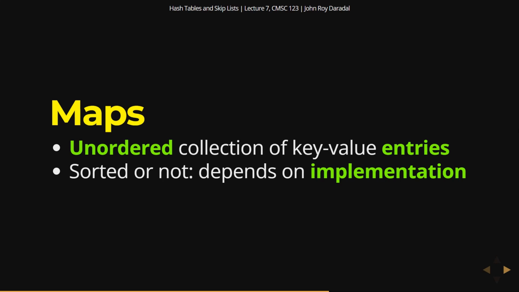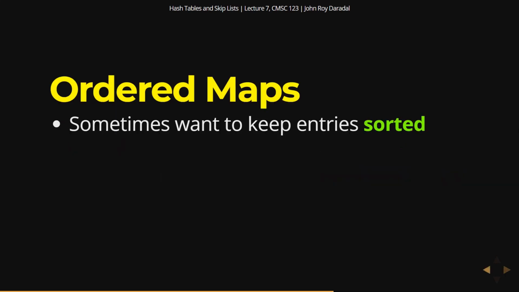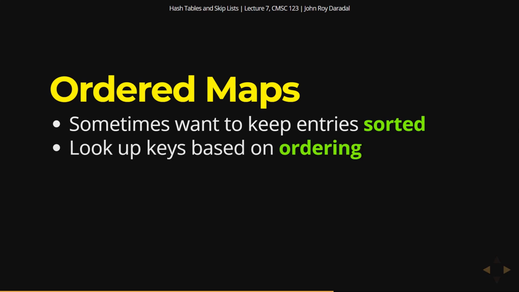We've seen map implementations where it's an unsorted DLL or unsorted array, and we also saw implementations like the search table, wherein it's already sorted. But in some cases we might want to keep the entries of the map sorted, and look up the keys based on a certain ordering. That is where ordered maps come in.